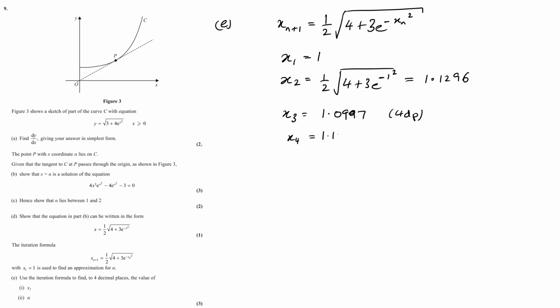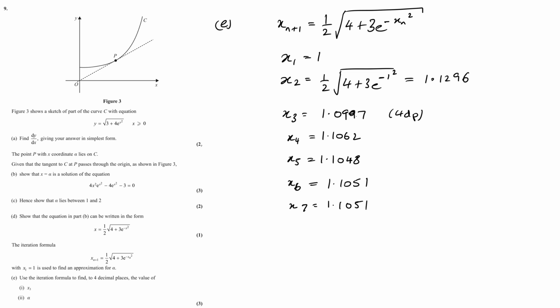So x4 is 1.1062. We've got x5 is 1.1048. We're getting in on it now. x6 is 1.1051. x7 is 1.1051.